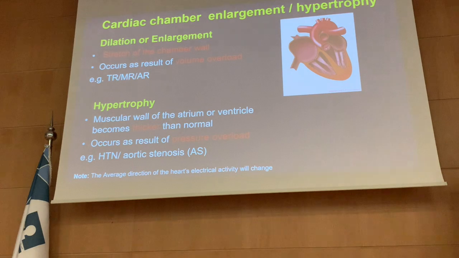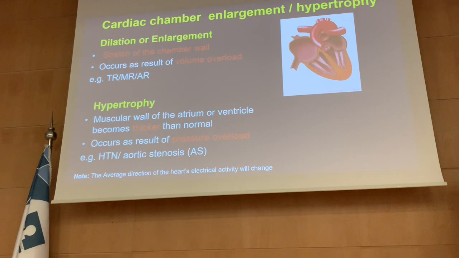Clear? So in this patient, this is the cavity, this is the papillary muscle, and this is the wall. If the wall gets bigger, we have a definition or measurement for it, you don't need to know that. But if the wall itself gets bigger, that means hypertrophy. If the cavity itself gets bigger, it will be dilated.